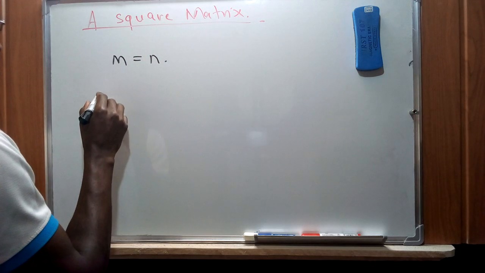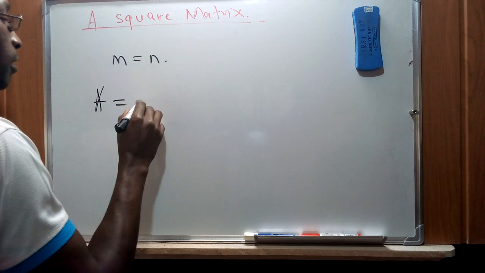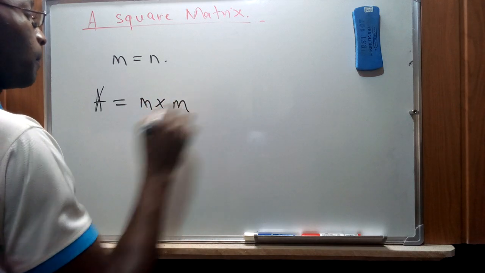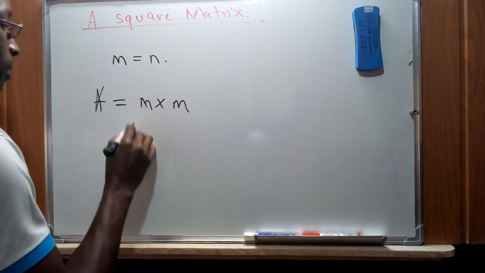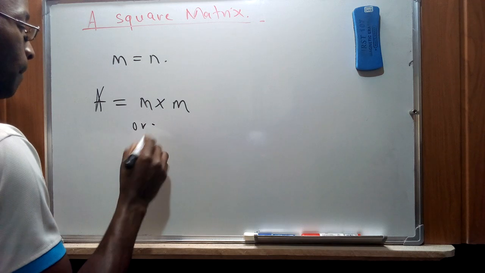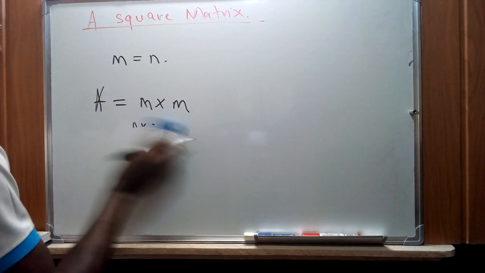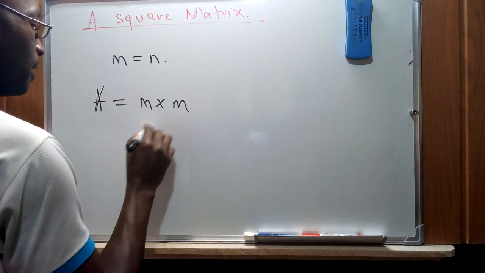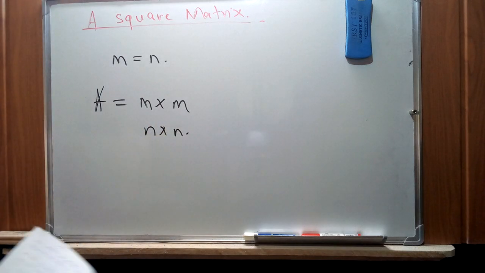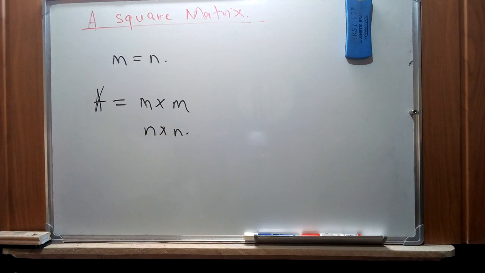Therefore, it can be a matrix of m by m or n by n. So we can say that the two dimensions are of the same size and they have the same order. This one is easy.